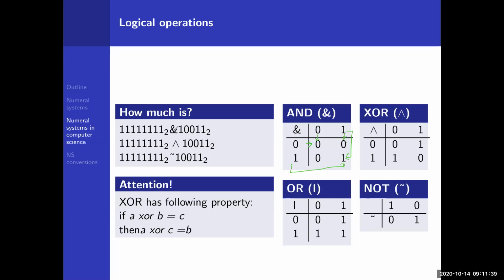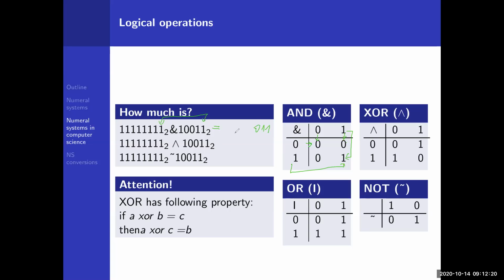So if I'd like to calculate the value of AND, I have to compare the first, or the least significant digit, with the least significant digit in the second number. So I compare 1 and 1, so I get 1. Then I compare 1 and 1, so the second least significant digit, and I get 1. Then I have 0, 1, so it gives 0.